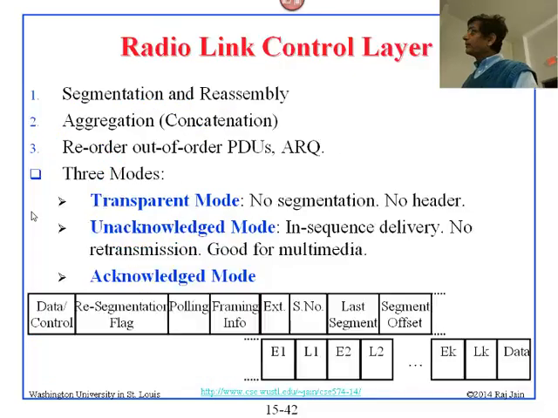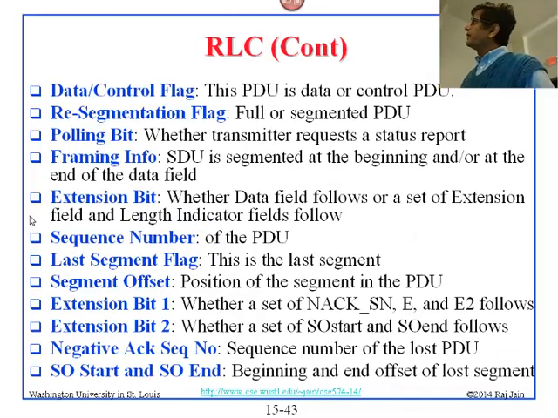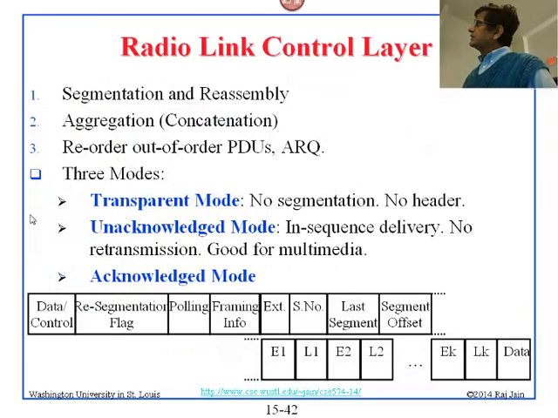All right, going back. Framing information: the SDU is segmented at the beginning or at the end of the data field. So this is the framing information which tells you where the segments are; the data field begins, and the segments could be here or over there.